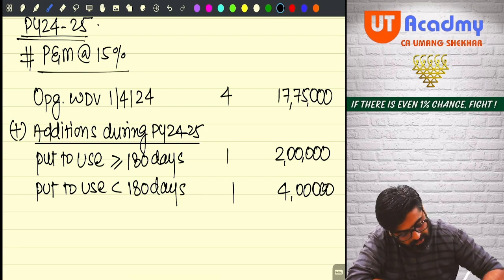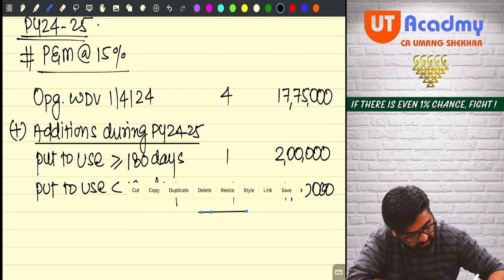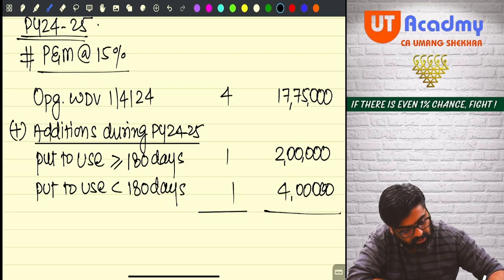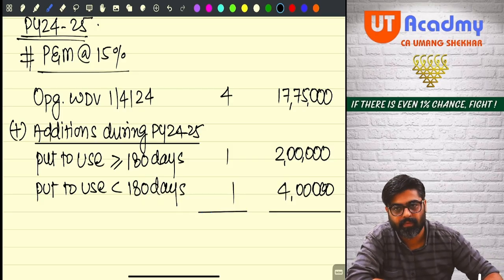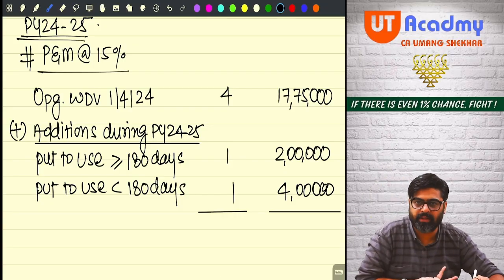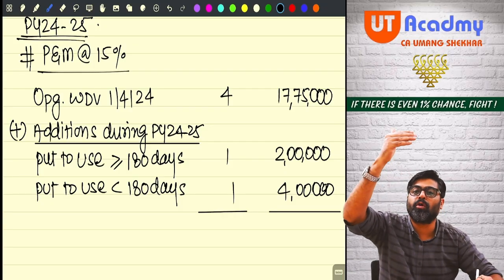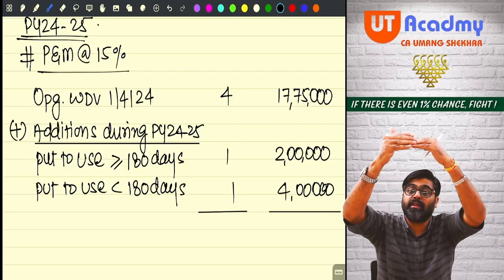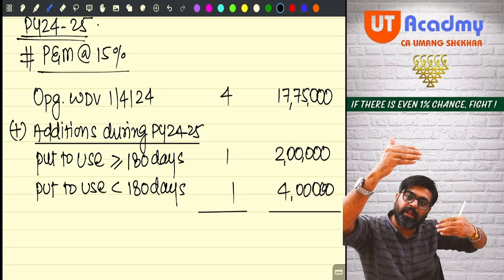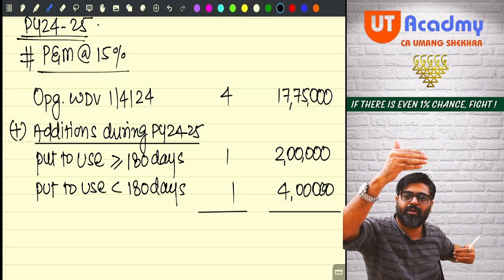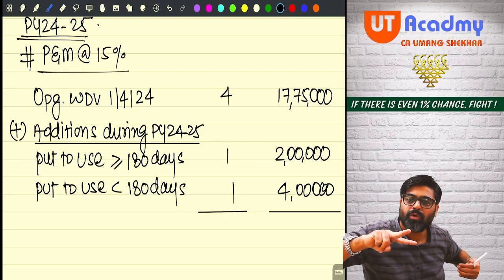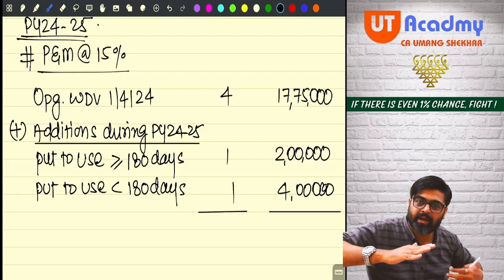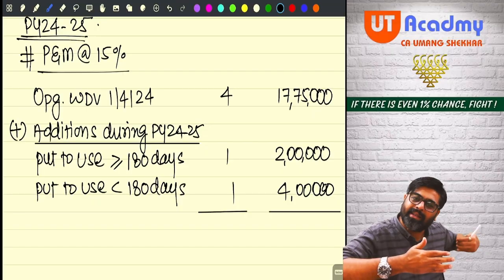Now tell me, as on the last day of the previous year, how many plant and machineries should be there? 4 plus 2 bought in this year. Assuming that the 4 brought in the first year are being used till the last day, and these two which are bought during the year are also used till the last day.